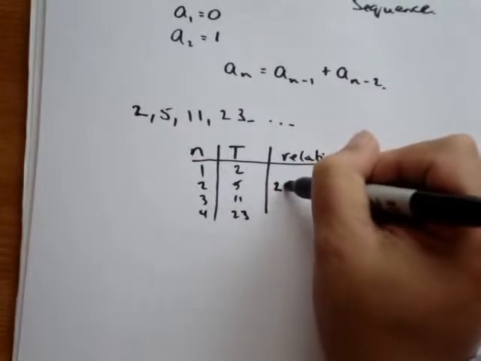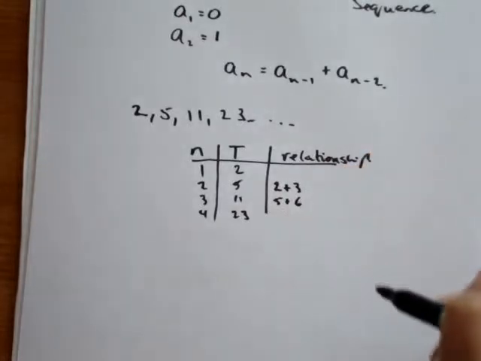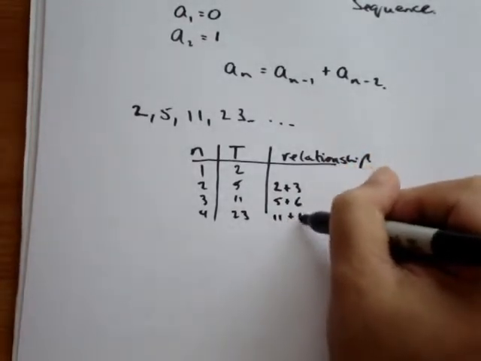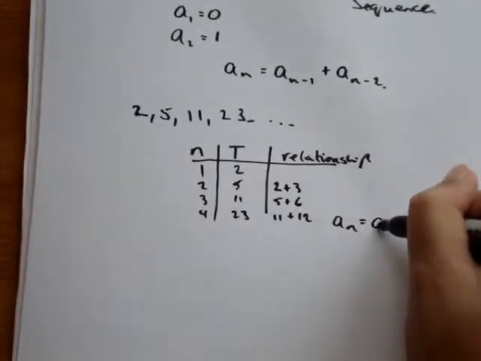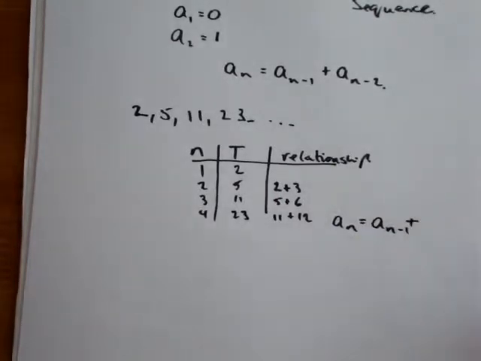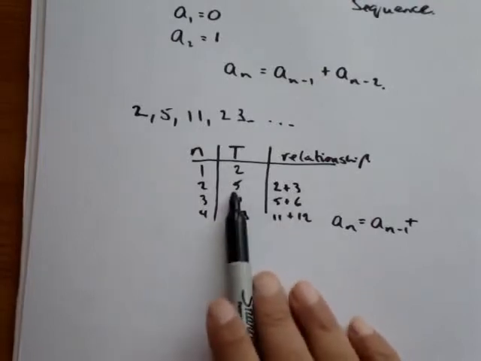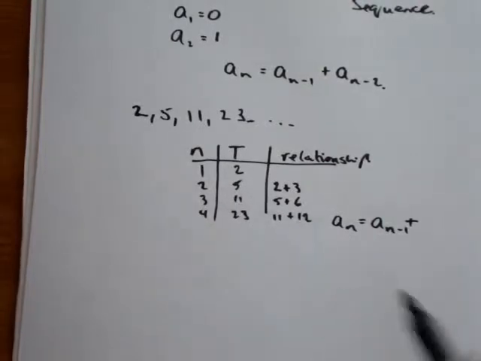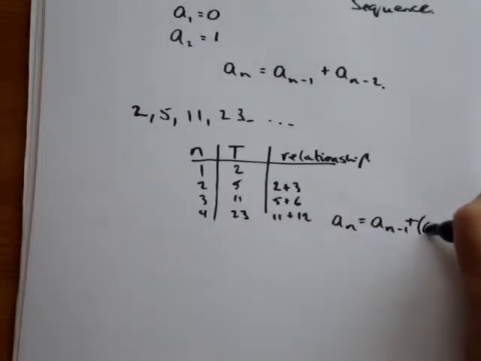So this one would be 2 plus 3, 5 plus 6, 11 plus 12. So our relationship is the previous number, and we add to that the previous number, so that it'll be the previous number, which is 2 plus 1, 5 plus 1, 11 plus 1. So we want the previous number, a sub n minus 1, plus 1.